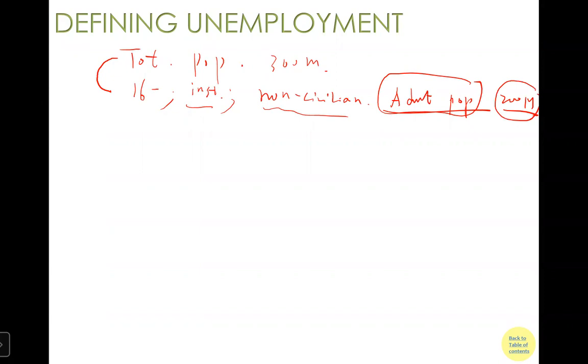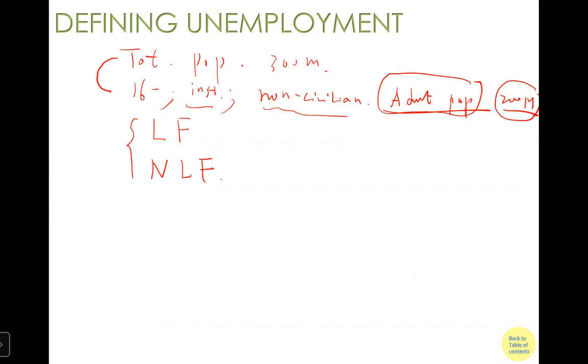So among these 200 million, this rough number, we are now going to categorize them into two groups. One, they are in the labor force, and then a fraction of them are not in the labor force. You may be wondering, who is considered in the labor force?